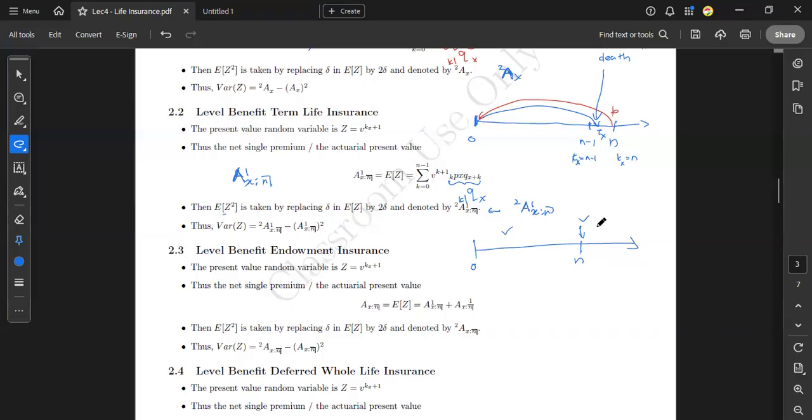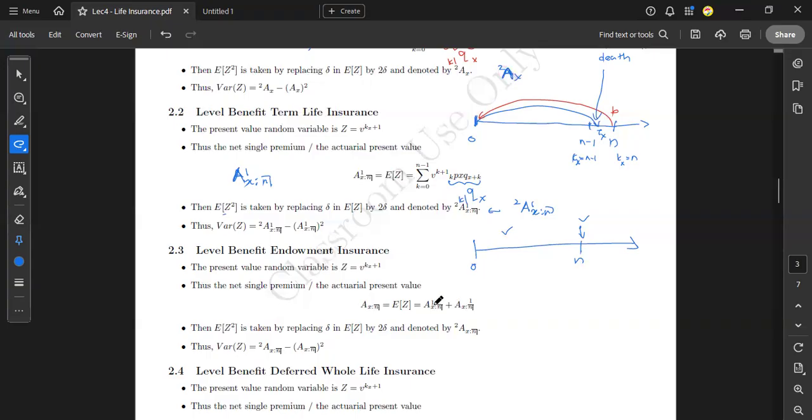Since this is a one-time payment, we don't have any adjustment, but for this one, we don't have any bar for capital A, and age is x, goes for n years. And for the term insurance, we don't have a bar, and we already didn't use a bar for the pure endowment term. So it's like this. Don't get confused with these ones.